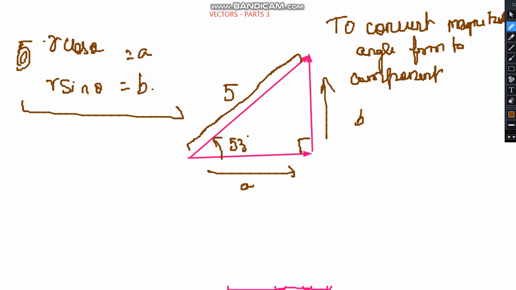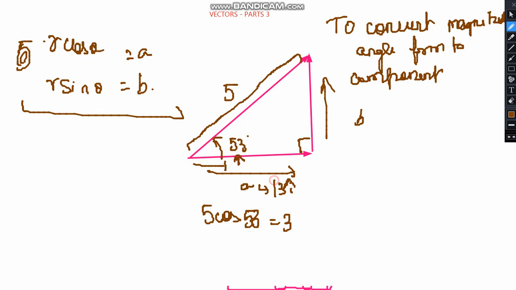So with this we are going to find 5 cos 53. What is cos 53? Cos 53 is basically 3 by 5, so here it will be 3 i cap. We write 3 i cap because i cap is in this positive direction.